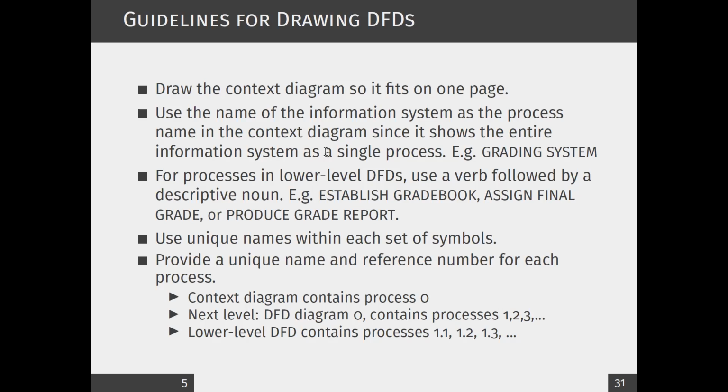Having said that about the symbols, let's first discuss some guidelines when you're drawing data flow diagrams. The first diagram we draw is called a context diagram. The context diagram shows the whole system and all the external entities which interact with the system. For example, let's say a library information system. We will have library users and library staff.